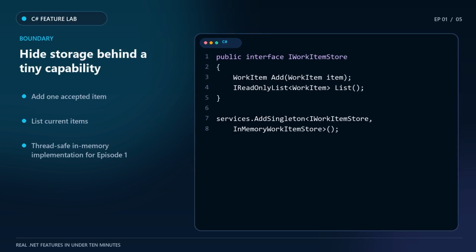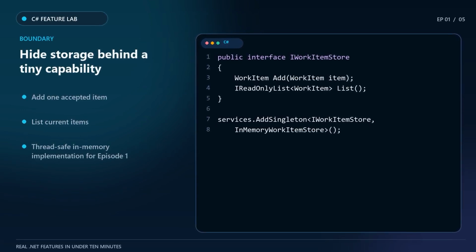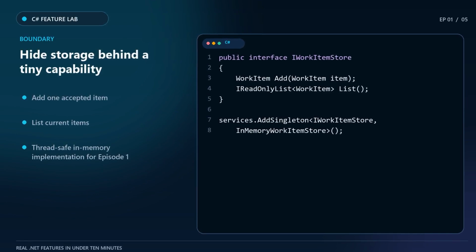Episode 1 uses an in-memory store so we can see the feature shape without database setup hiding the lesson. The interface exposes only the capabilities this slice needs: add an accepted item and list current items. The implementation uses a concurrent dictionary because a singleton web service can handle several requests at once.